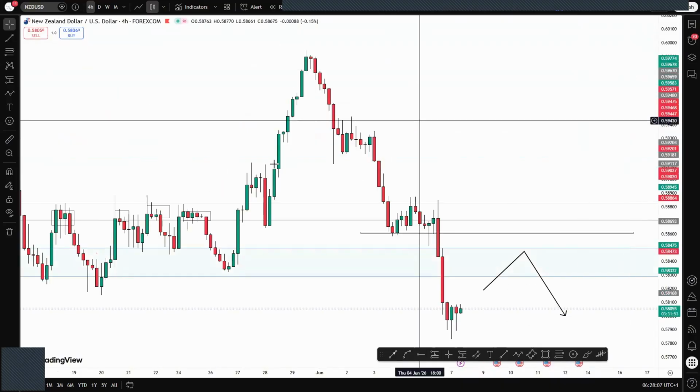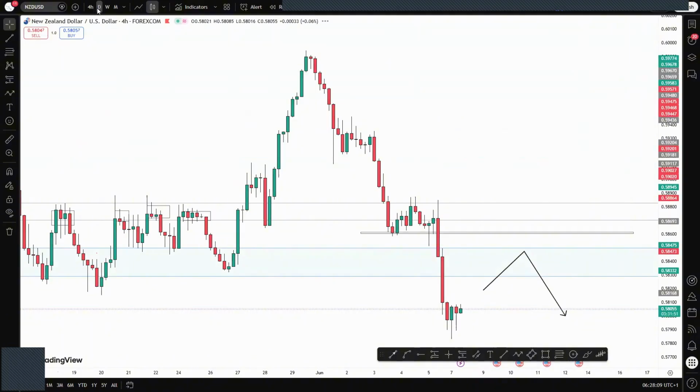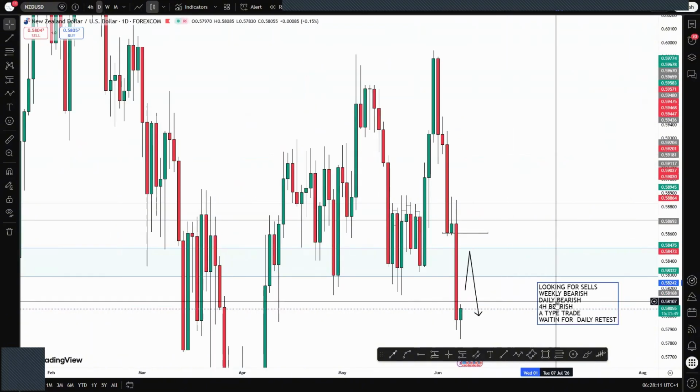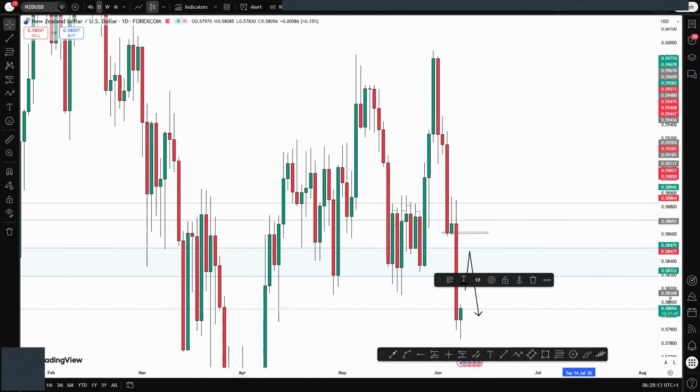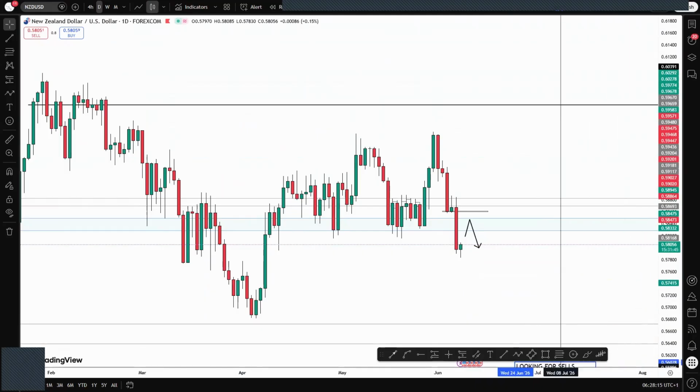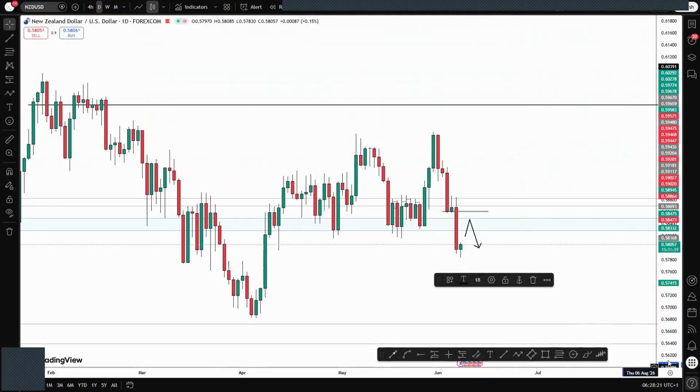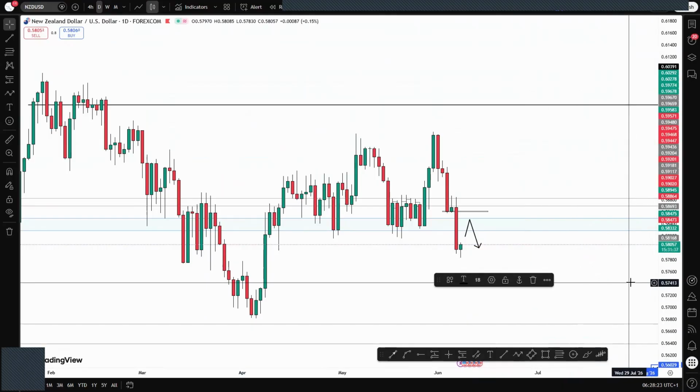NZD USD. Remember, we're waiting for a daily retest.